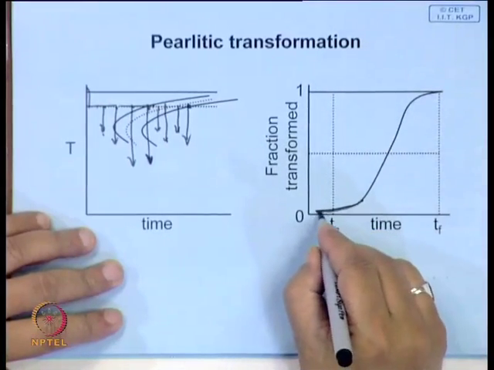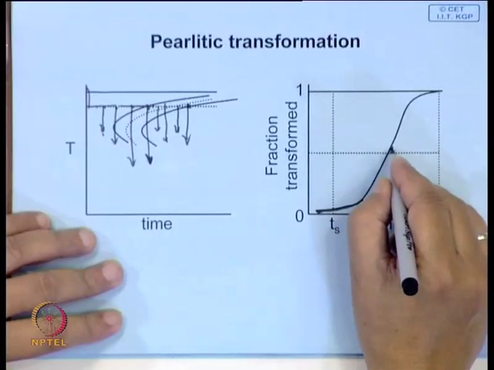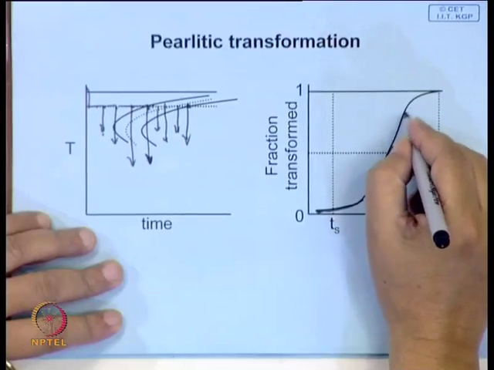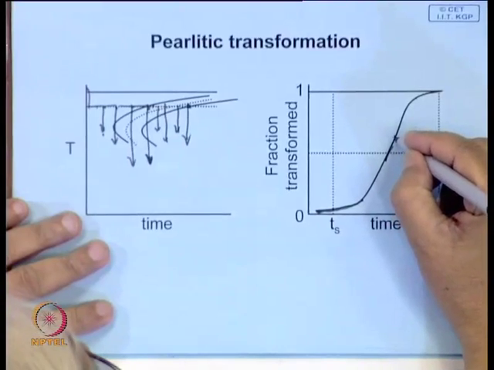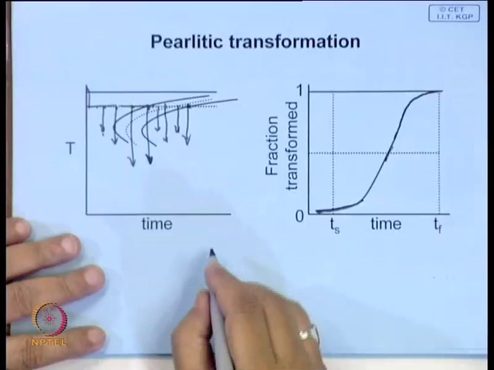So, initially the transformation is slow, it picks up, midway it is the fastest, and again the growth rate decreases. The different nodules, when they try to grow from different areas, when the transformation is nearing completion, will impinge on each other. So, therefore, that growth process will be inhibited. So, again this rate of reaction decreases.